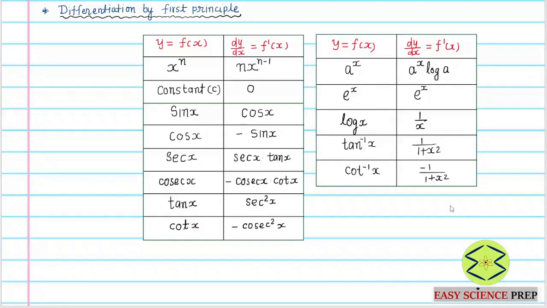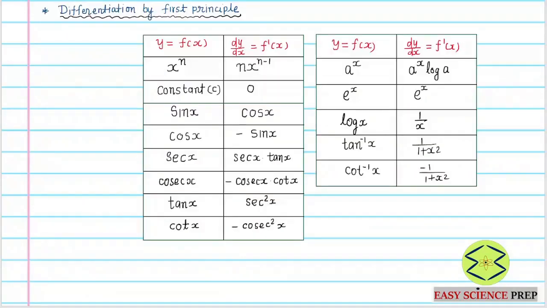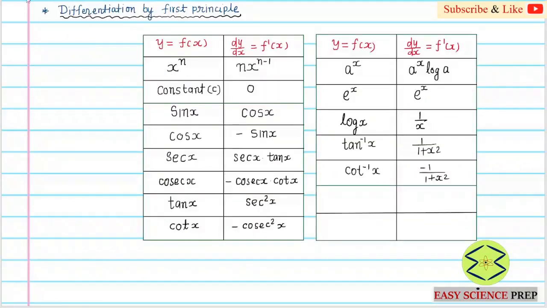Similarly, we can also find the derivatives of sec inverse x and cosec inverse x. I am not deriving those. If you follow a similar procedure, you will be able to derive the derivative of secant inverse of x. You will get something like 1 divided by x root of x square minus 1.